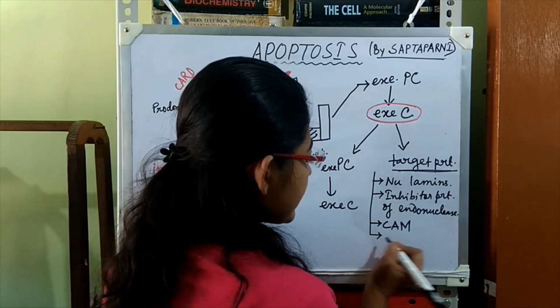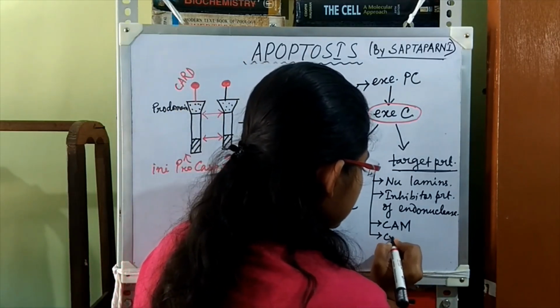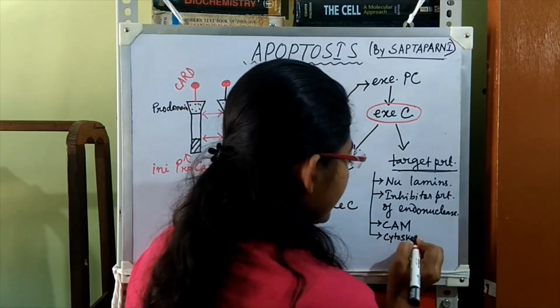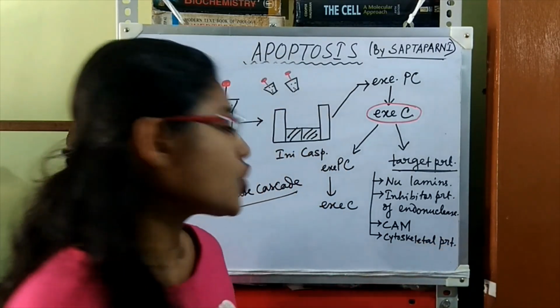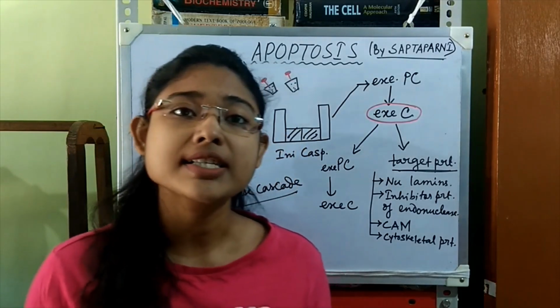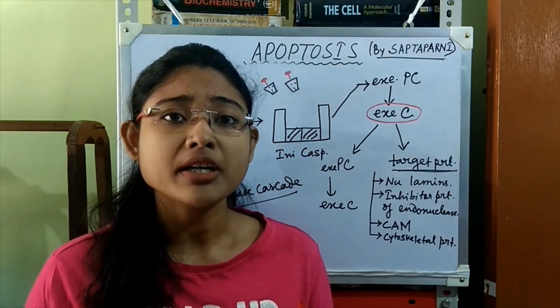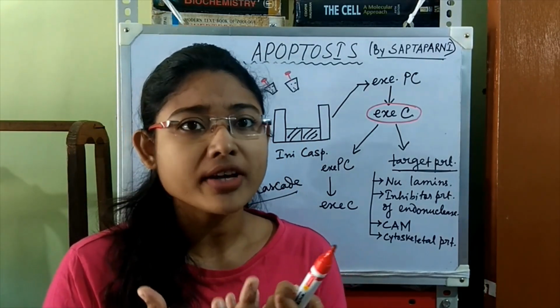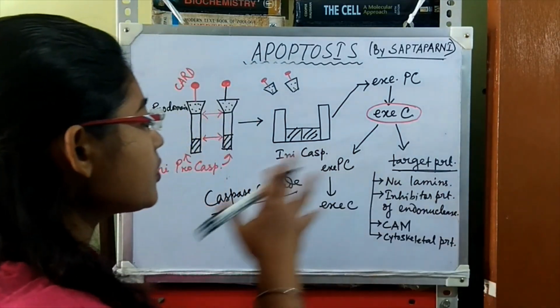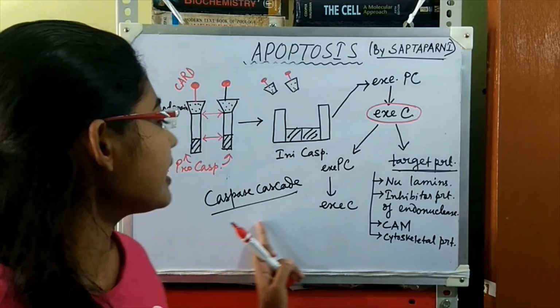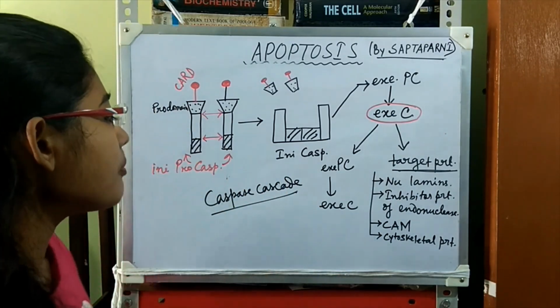It will also degrade the cytoskeletal proteins, because if you distort the cytoskeletal protein, the cell will automatically become smaller in size and round up. So that is how apoptosis begins, and this is the caspase cascade of apoptosis.